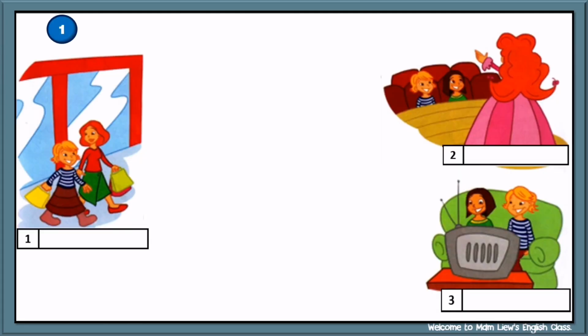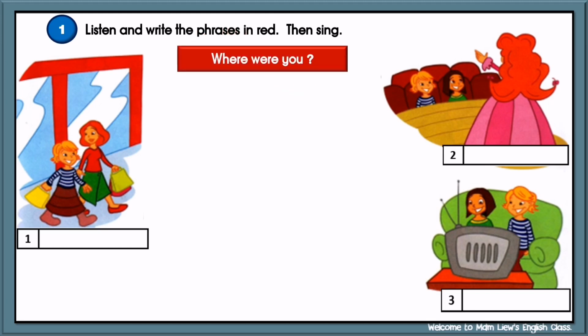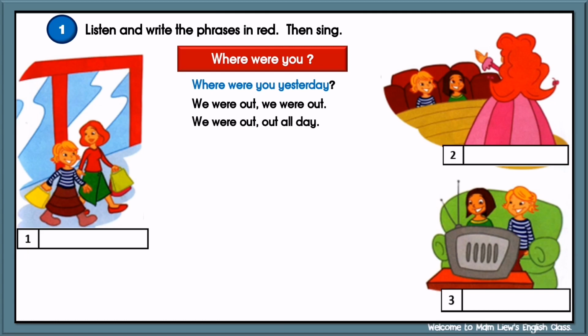Activity 1. Listen and write the phrases in red. Then sing. Where were you? Where were you yesterday? We were out, we were out all day. Where were you in the morning?